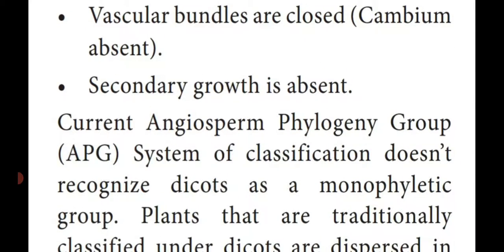Secondary growth is absent. In dicot, secondary growth is present, but in monocot, secondary growth is absent. Dear students, these are the different characteristic features of monocot and dicot. It is a very, very important 5 mark question. Kindly note it down in your textbook.